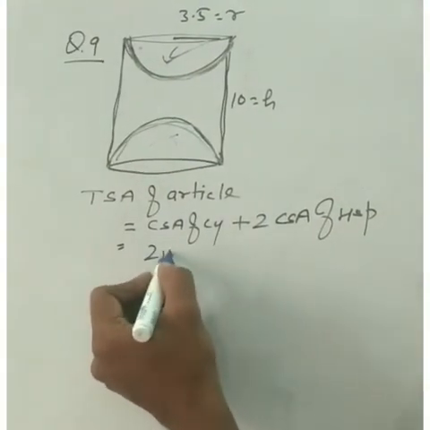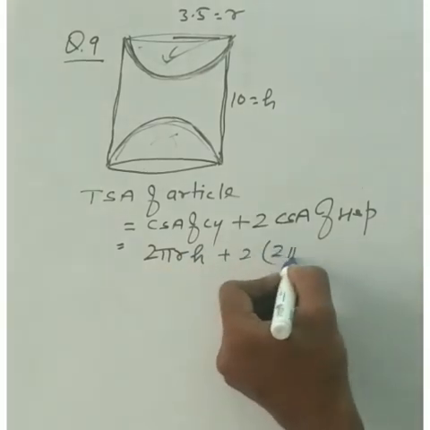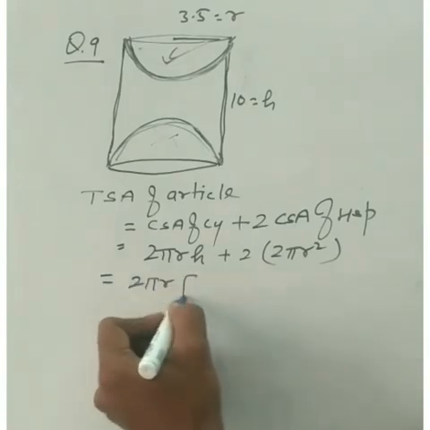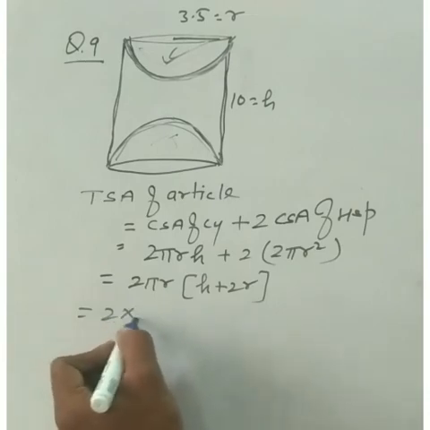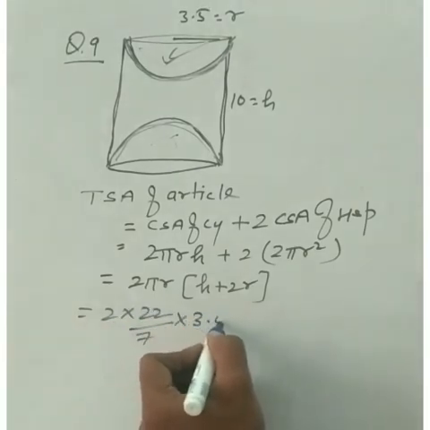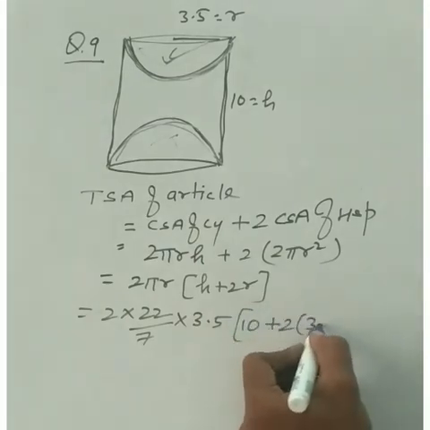CSA of cylinder is 2 pi RH. Hemisphere is 2 pi R square. 2 pi R common. H plus 2R. 2 pi is 22 by 7. R is 3.5. H is 10. 2 into 3.5.